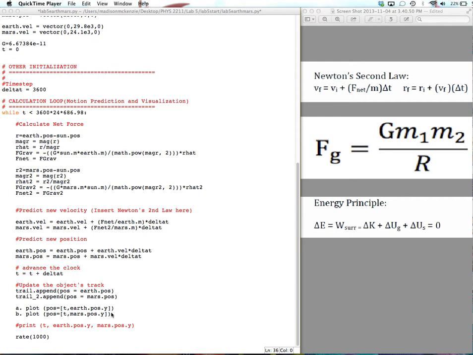The graph of y position and time was also set to plot. When run, this is the model shown.